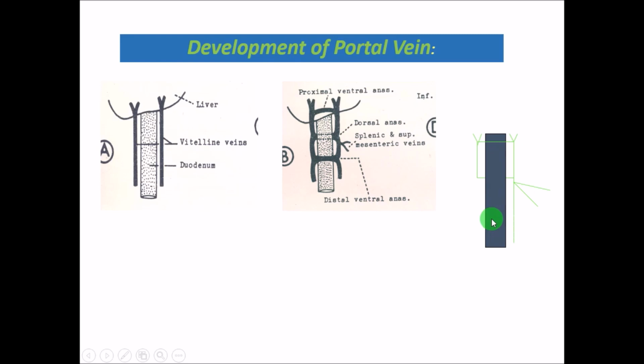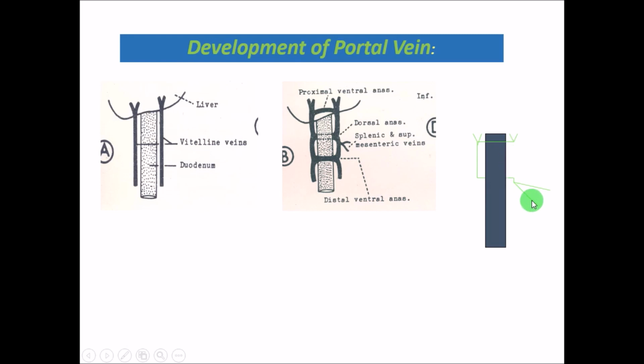So that part disappears. Then the left vitelline vein also starts disappearing, the distal parts, till the communication of the superior mesenteric vein as well as the splenic vein. Till there, the whole of the left vitelline vein also disappears. Then even the proximal part of the left vitelline vein will disappear.